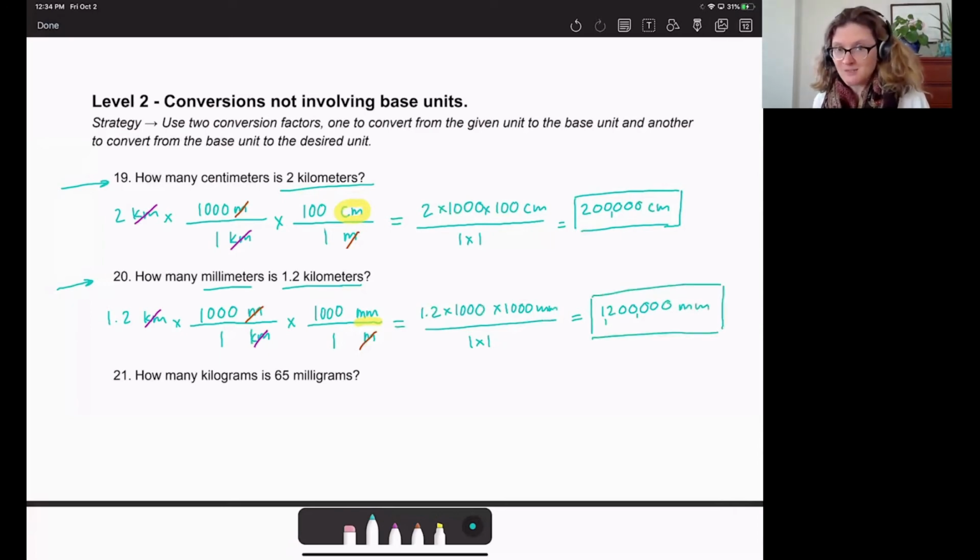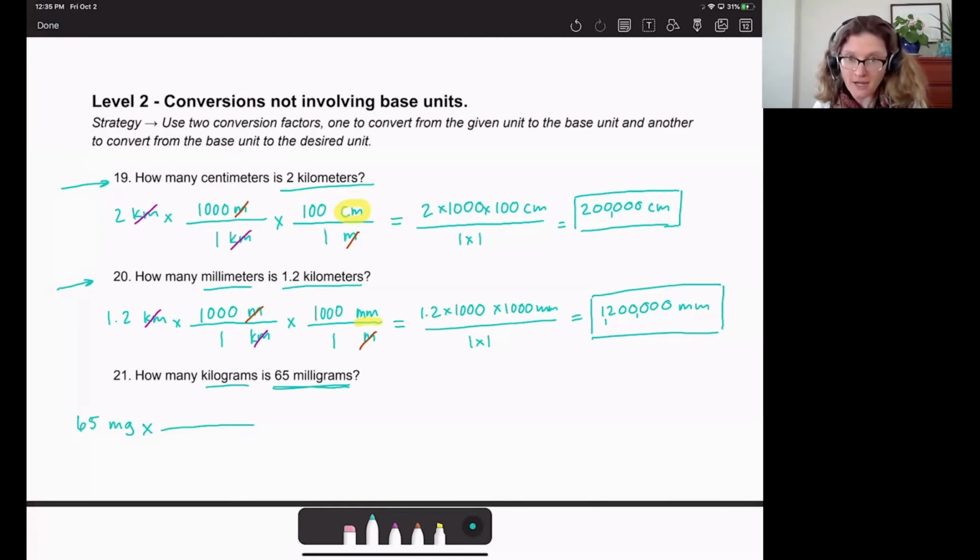All right, this next one is the last one that I'm going to model for you, and then you'll have to try the rest on your own. This one asks, how many kilograms is 65 milligrams? All right, my given information is 65 milligrams. And the question is asking about kilograms, but I don't know the conversion between milligrams and kilograms, so I'm going to convert between milligrams and grams, and then between grams and kilograms.